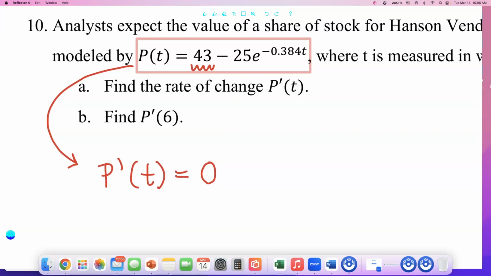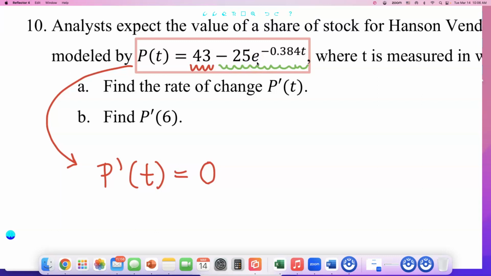Now we have to look at that exponential term that I am underlining in green. This is an exponential function with base e, and we have done several of these, so you probably know the pattern by now. We're going to multiply this negative 25 by this negative 0.384 to get a new coefficient.